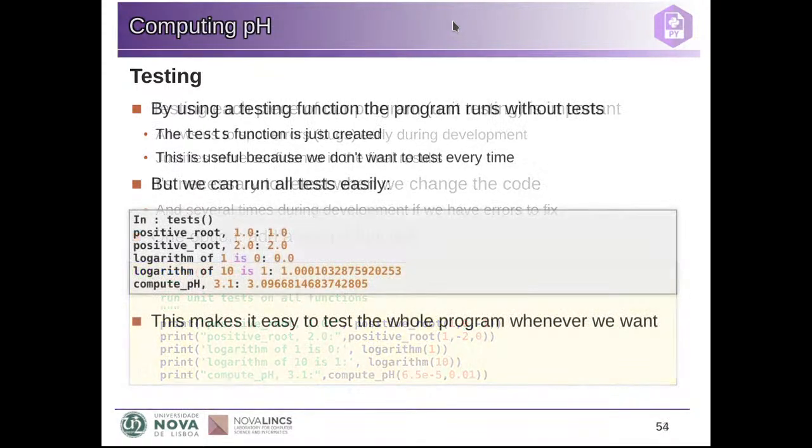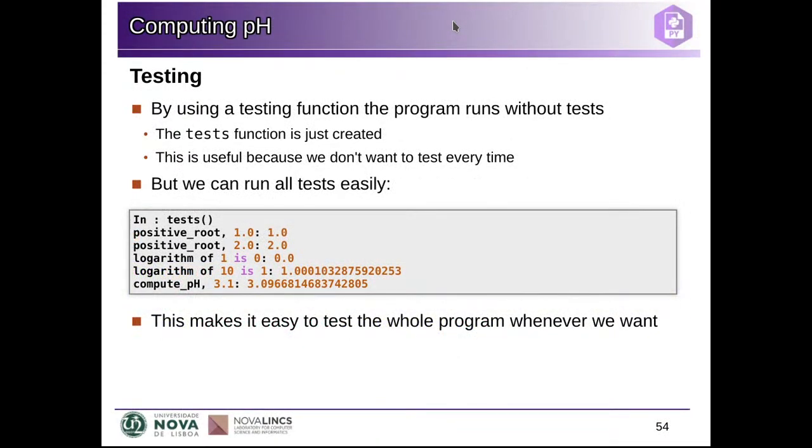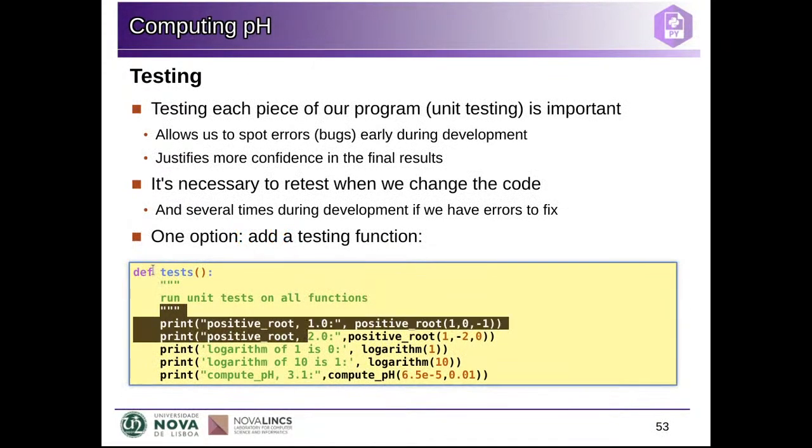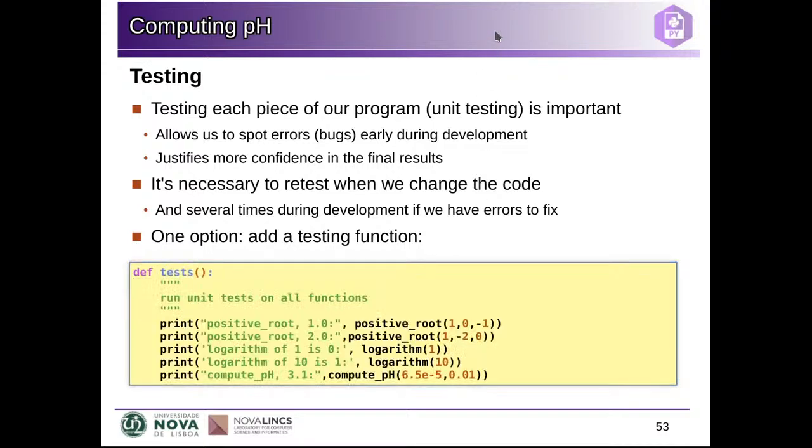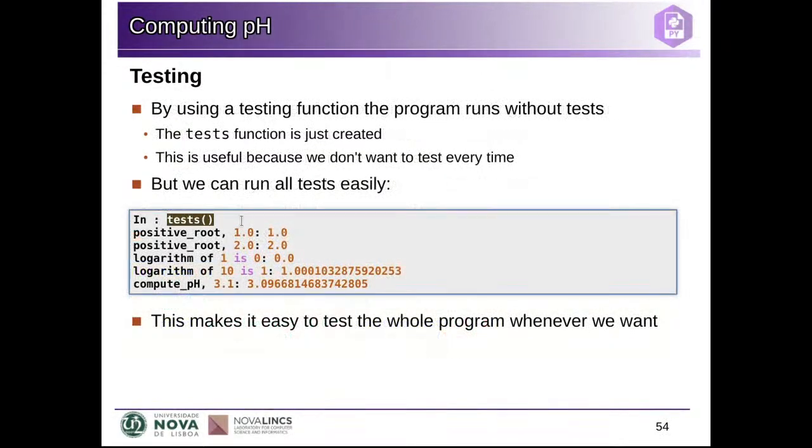And also it allows us to reuse our program. So this is just an example of how we can run all these tests. If you create this function, you can then run all the tests just by calling the function. And this makes it easy to test everything, and if you do some changes, you may want to test everything again to make sure you didn't break any functionalities by changing the program.